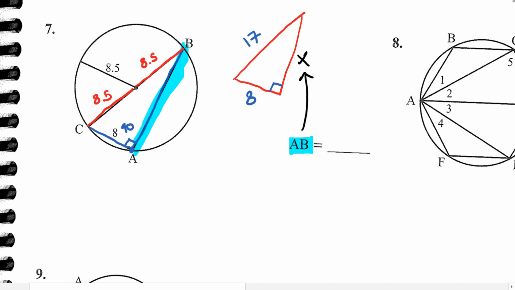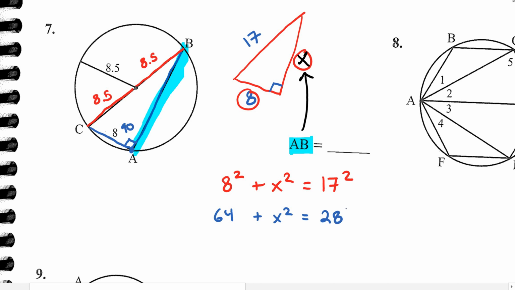And for this particular problem, we just use the Pythagorean Theorem one more time. So 8 squared is the leg here, plus this leg, which is x squared, equals the hypotenuse, which is 17 squared. Then we just crunch out the numbers. 8 squared is 64, plus x squared equals 17 squared, which is 289.